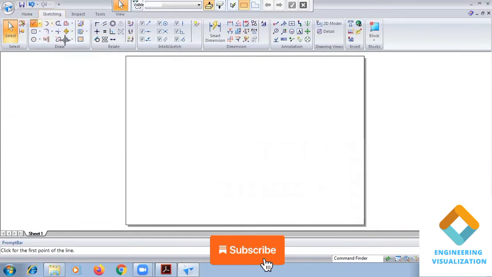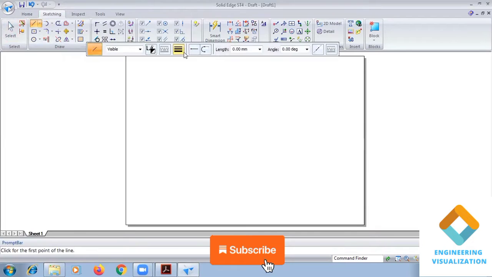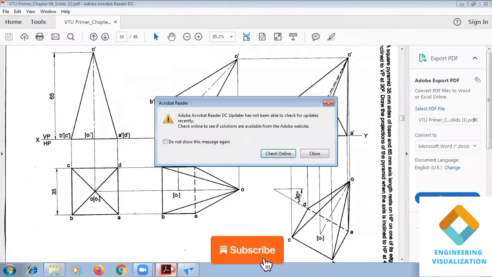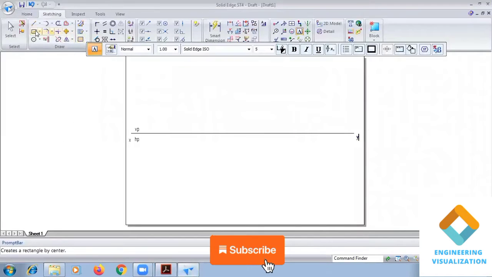So first we draw an XY line. Thickness 0.25 mm. First we have to construct a square here.